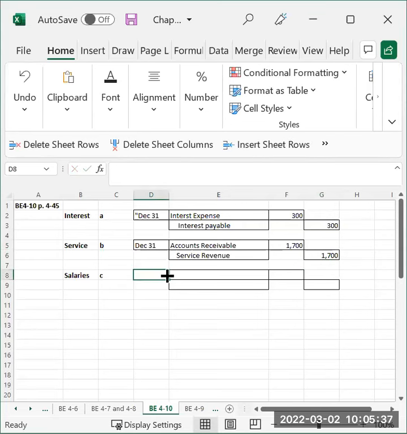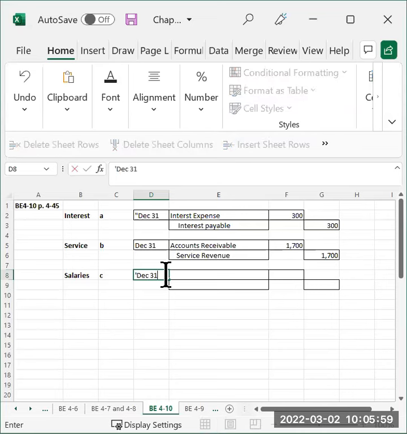And then C says salaries of $780 earned by employees have not been recorded. So this is a salaries one, but it's not like the example in the slides where you had to figure out the number of days and stuff. They're just telling you how much money. So salaries of $780.